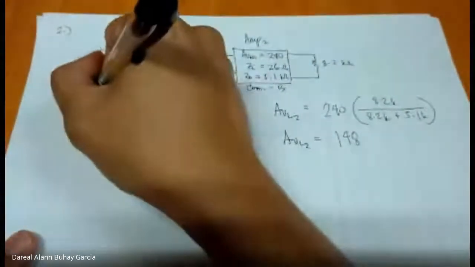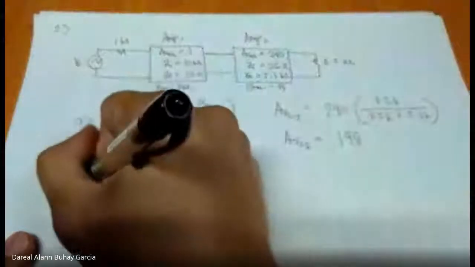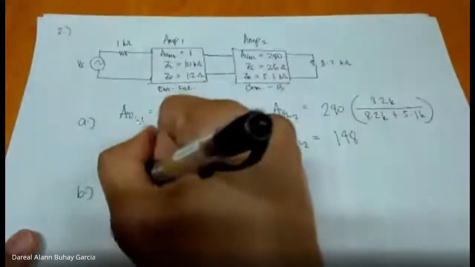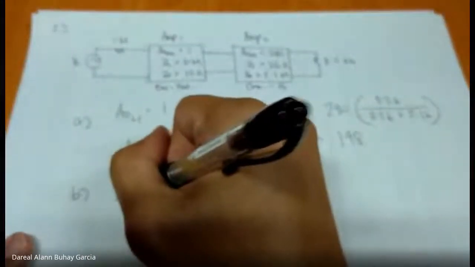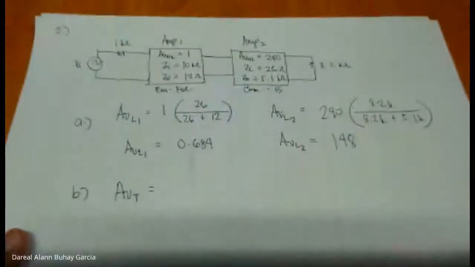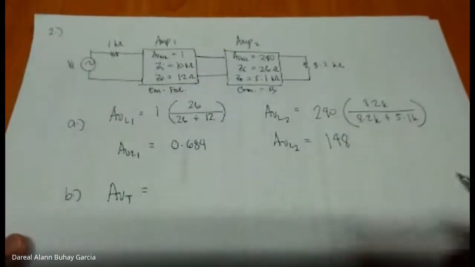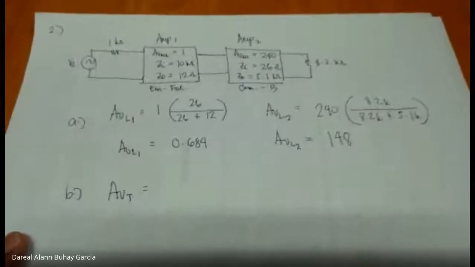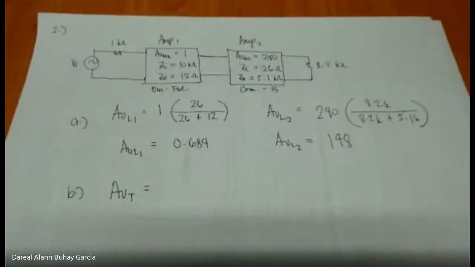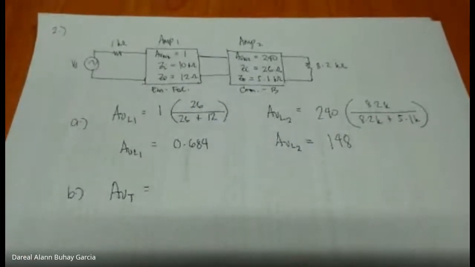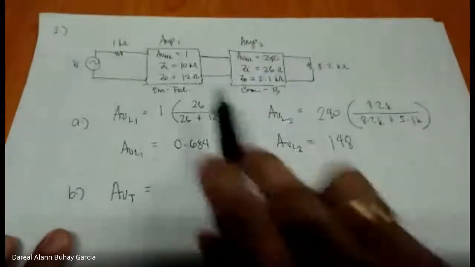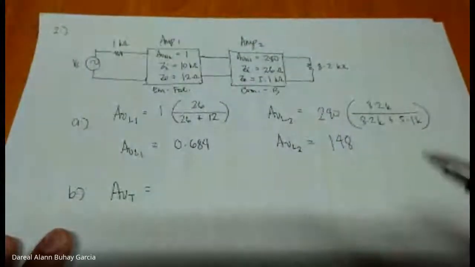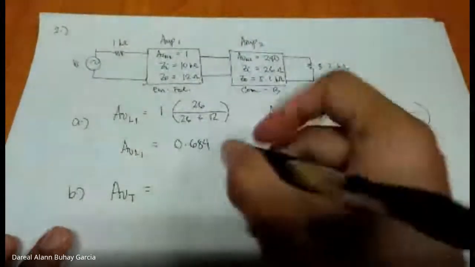So the total voltage gain, AVT, is the product of the individual loaded gains of the amplifiers.